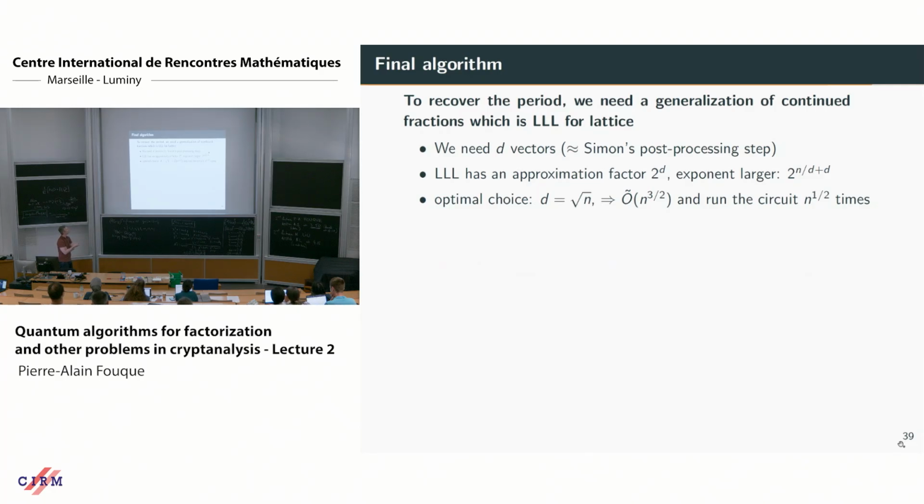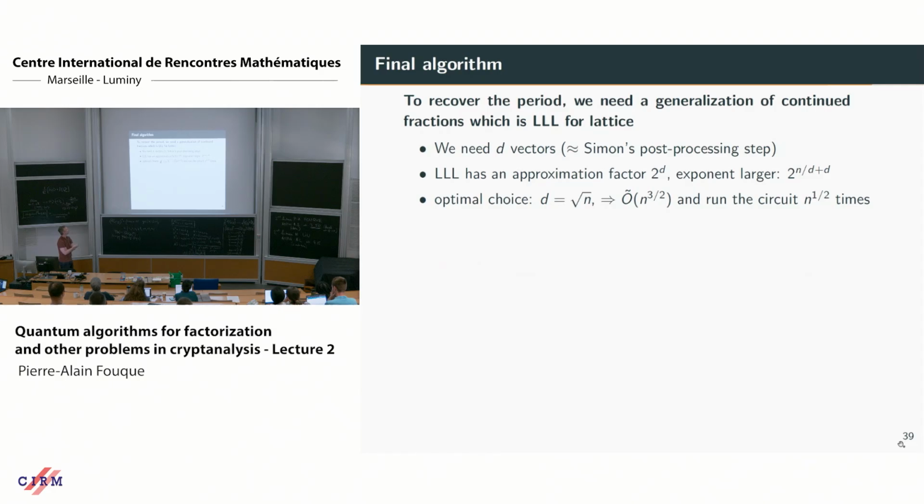So I have to make this value as small as possible. To make it the smallest possible, you have two different terms, and the optimal is when the two terms are equal. In this case, you can see that d will be the square root of n.